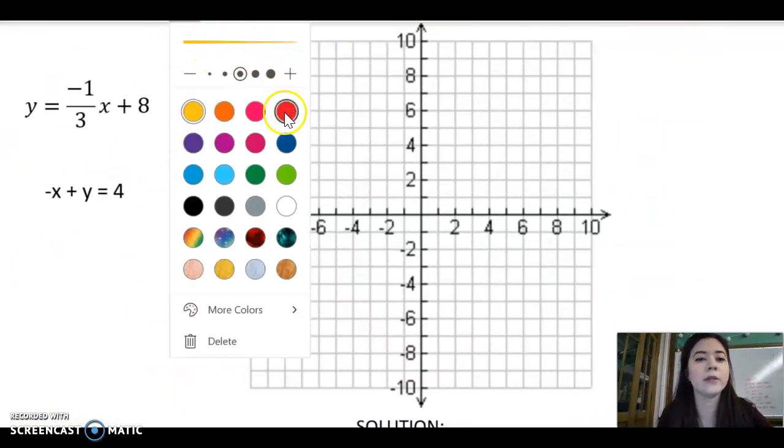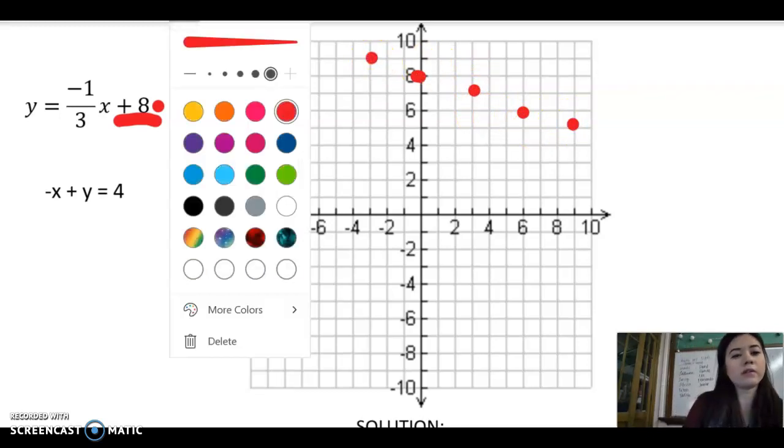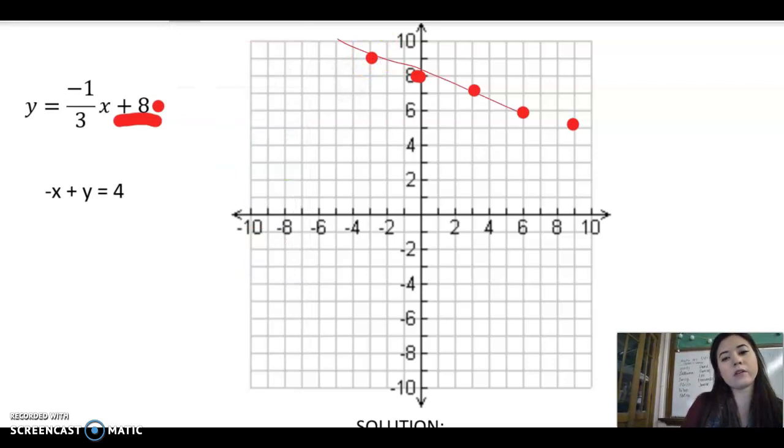Alright, let's do it to it. So we're starting at 8 and then down 1 over 3. And there's our graph.